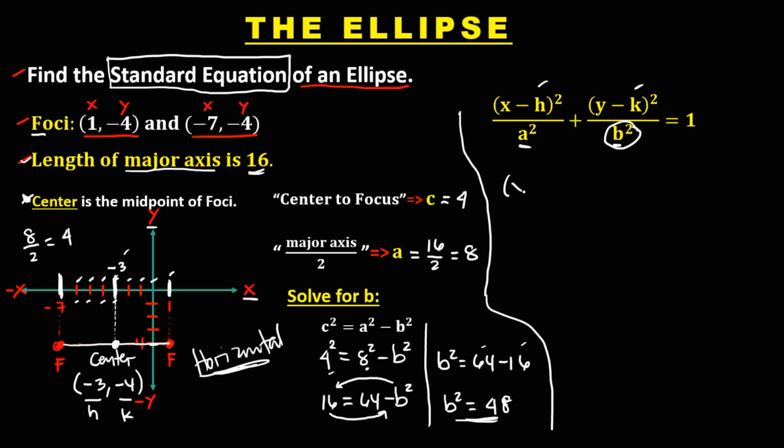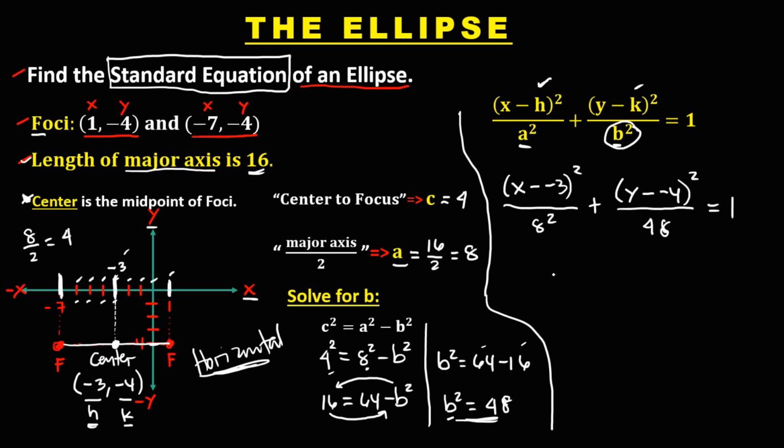So we have x minus h, and h is negative 3, to the power 2, over a squared, and a is equal to 8 to the power 2, plus y minus k, and k is negative 4, to the power 2, over b squared, and b squared is equal to 48, equals 1.